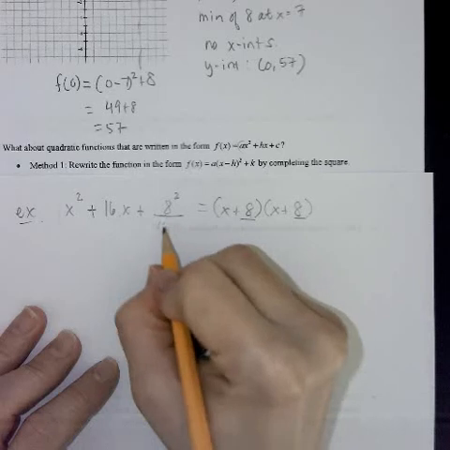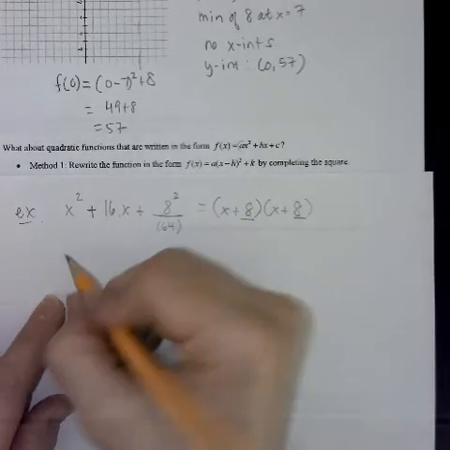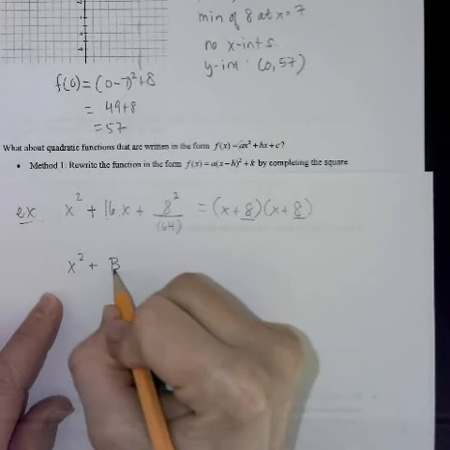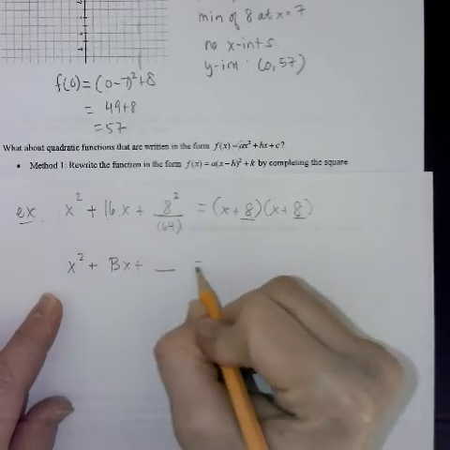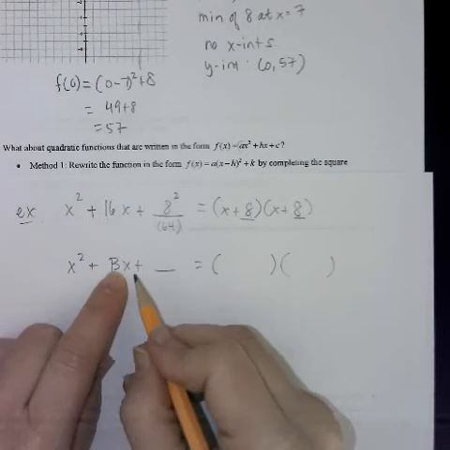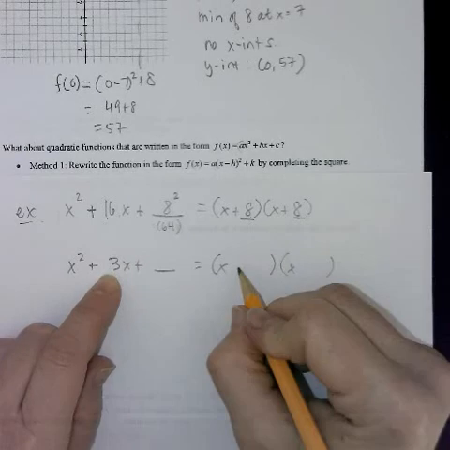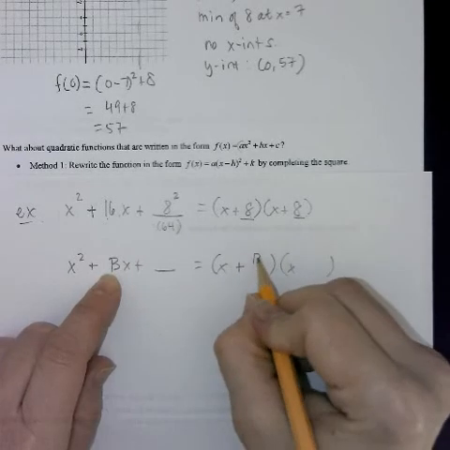Well, if you make this more general, call this a b here, then whatever this number is, again, this is x and x, you're going to cut it in half. So I don't know what half of b is, so I'm just going to represent it algebraically as b over 2.